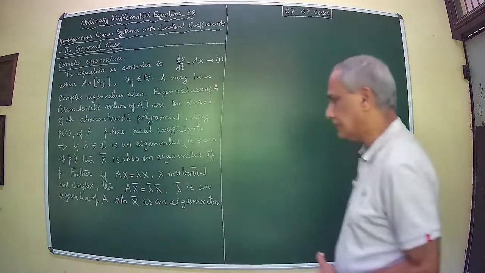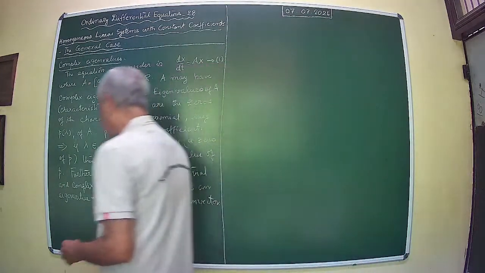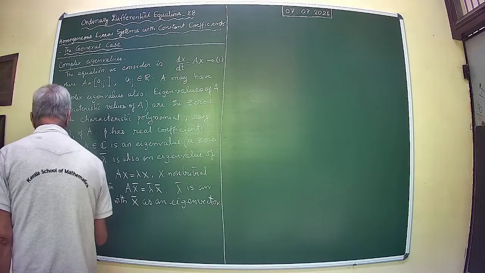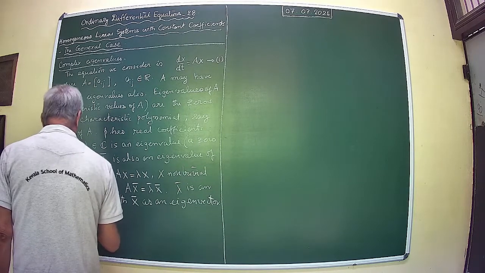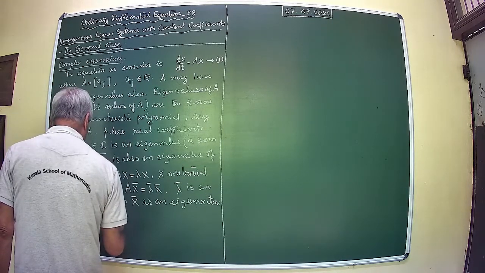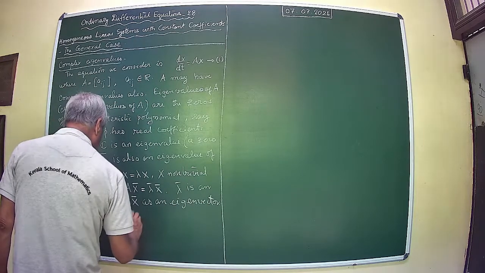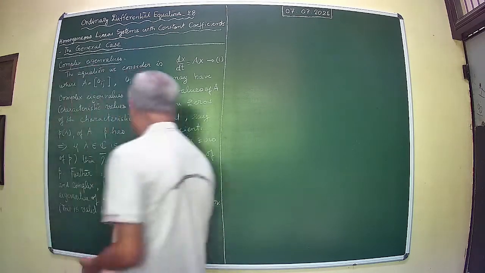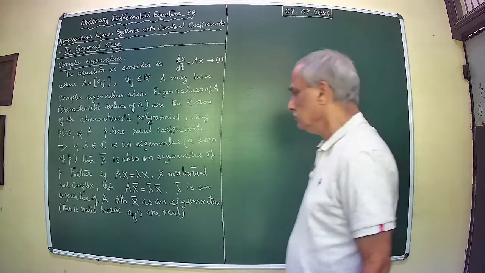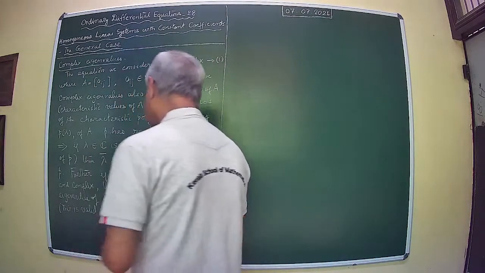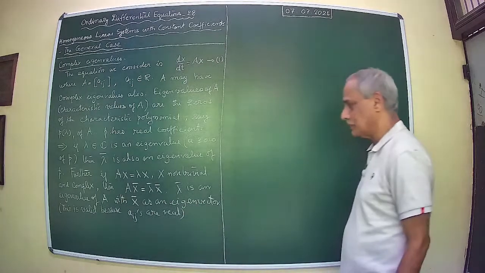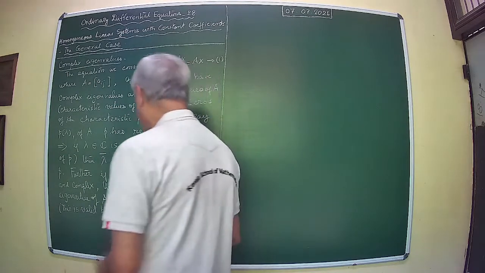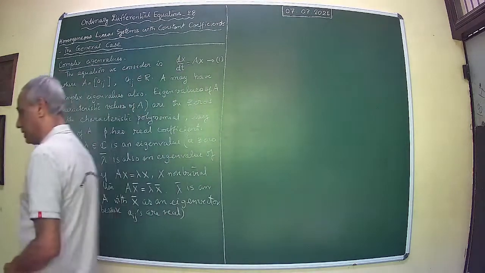Remember, this is valid only because the a_ij's are real. Otherwise you cannot make this statement, because complex conjugation will come, and then x bar will be an eigenvector belonging to an eigenvalue lambda bar of A bar, which may be a different matrix.